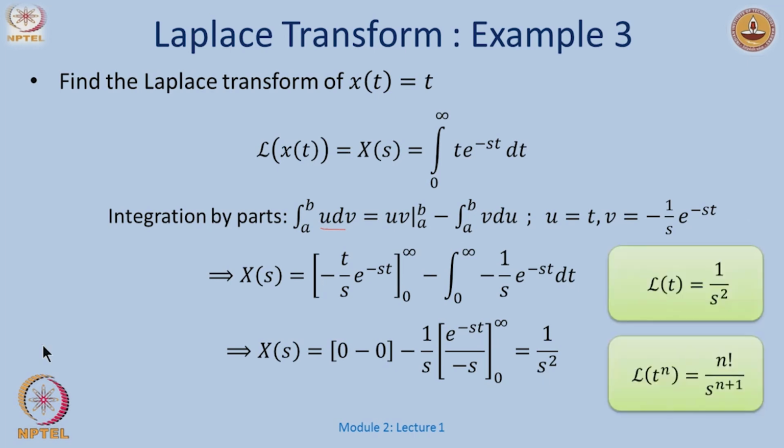Similarly, if I have t square or t to the power n, I can generalize this to an expression like this: L of t power n is factorial n over s power n plus 1. Say if I have to write the Laplace transform of t square, that is factorial 2 over s cube, that will simply be 2 over s cube, and so on. So, this is kind of straightforward to compute.